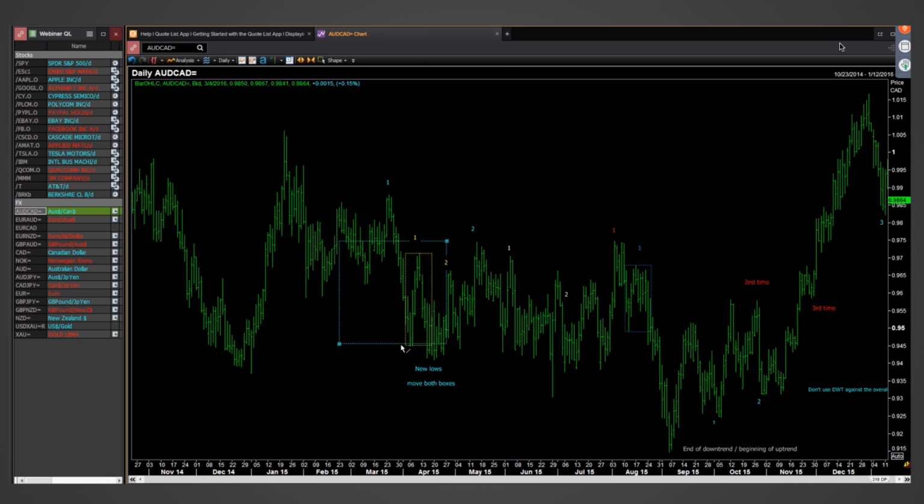This is part of the same rhythm here, even though I marked it with yellow box here, because this and this correction are within 20% of each other, so it's the same rhythm. And then the market makes new low.